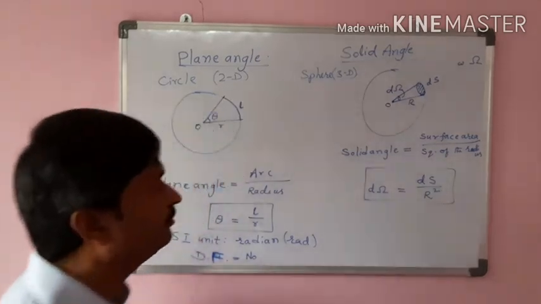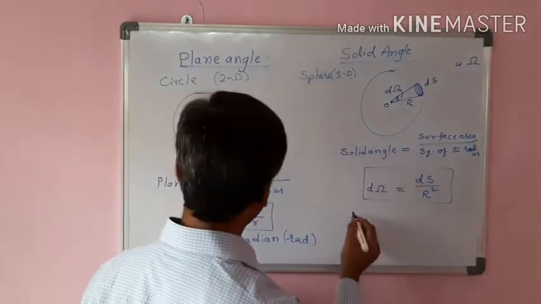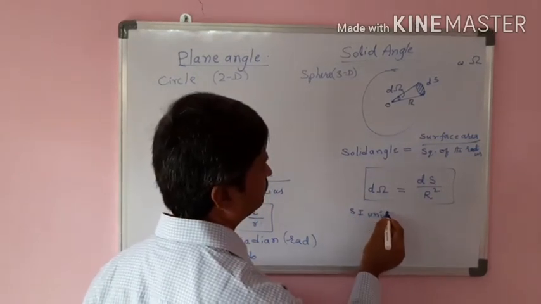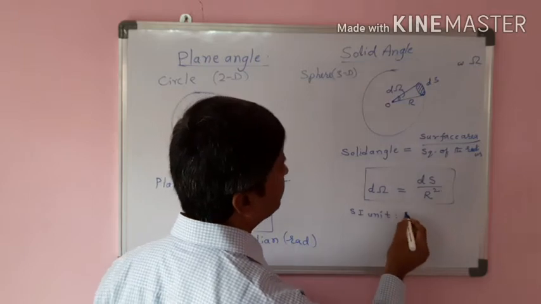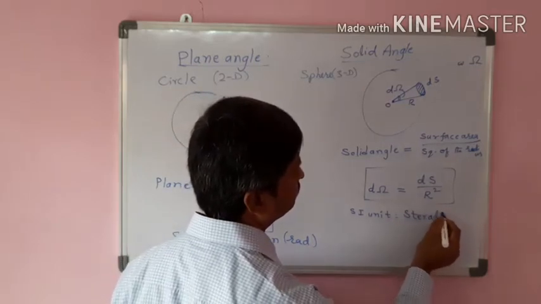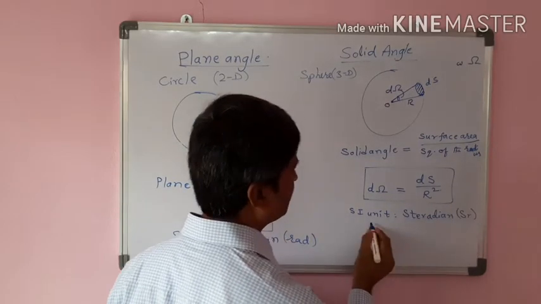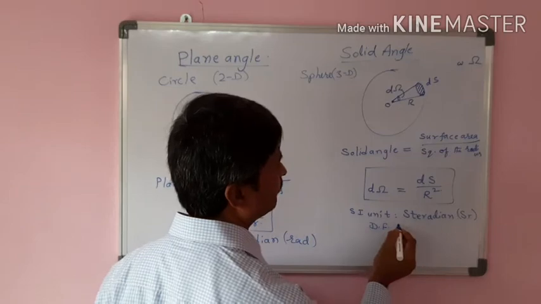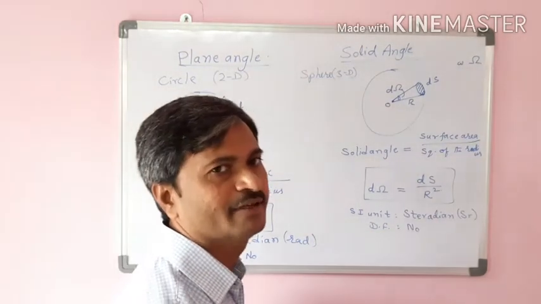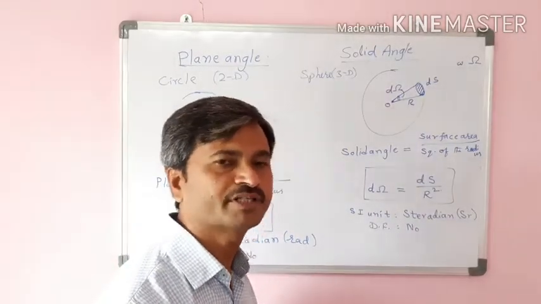Now here the SI unit is steradian, symbolized sr. Dimensional formula, none, because it is a ratio of the same physical quantity, meter square by meter square, you will get no dimensions.